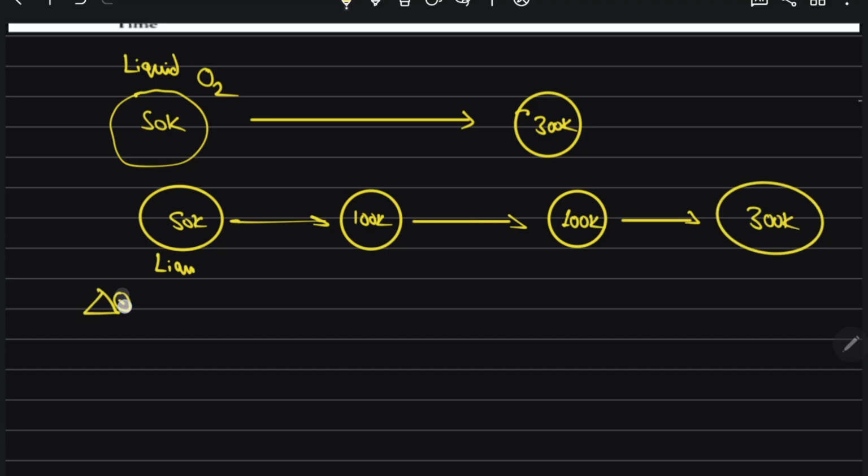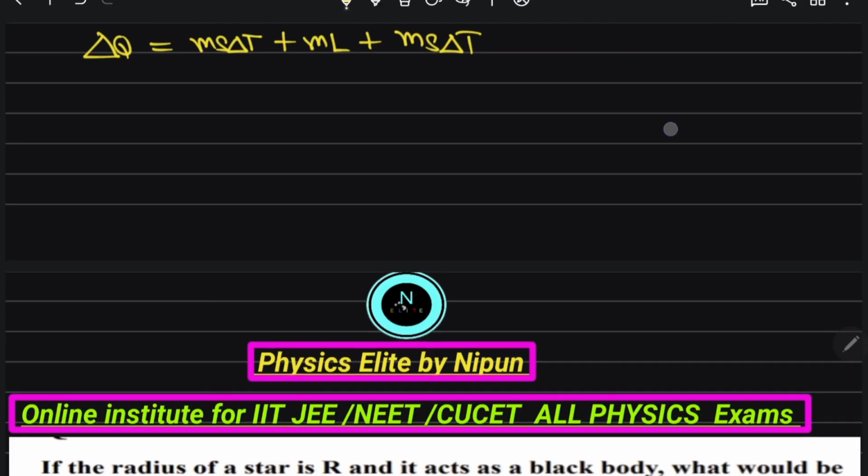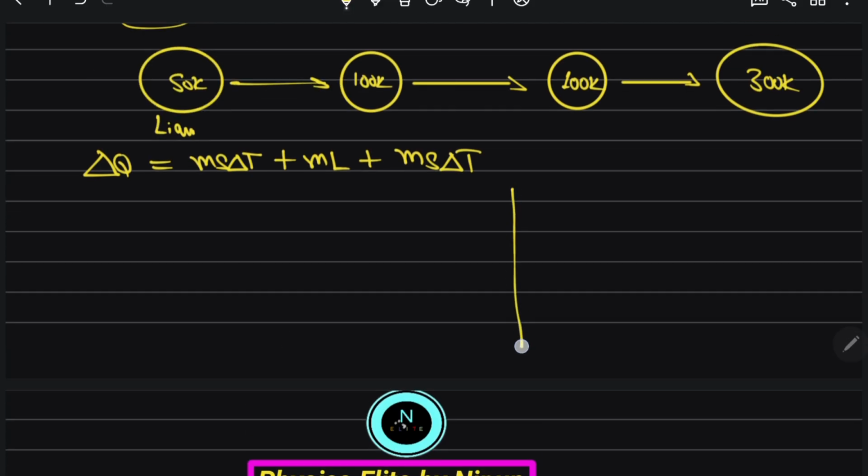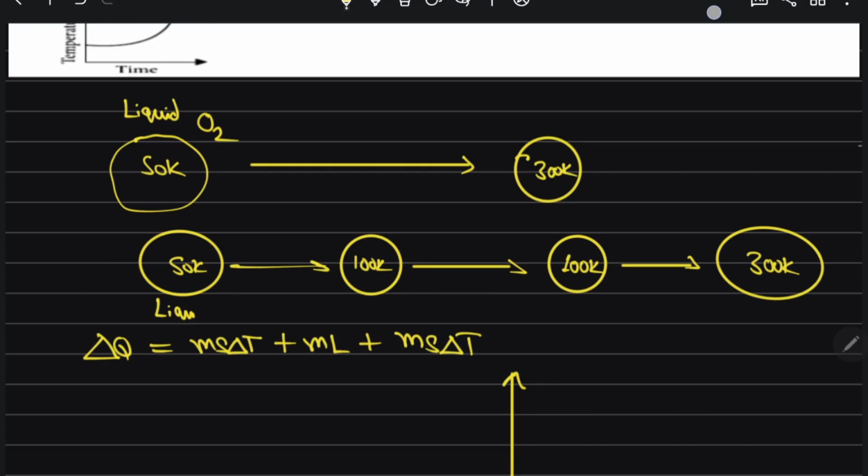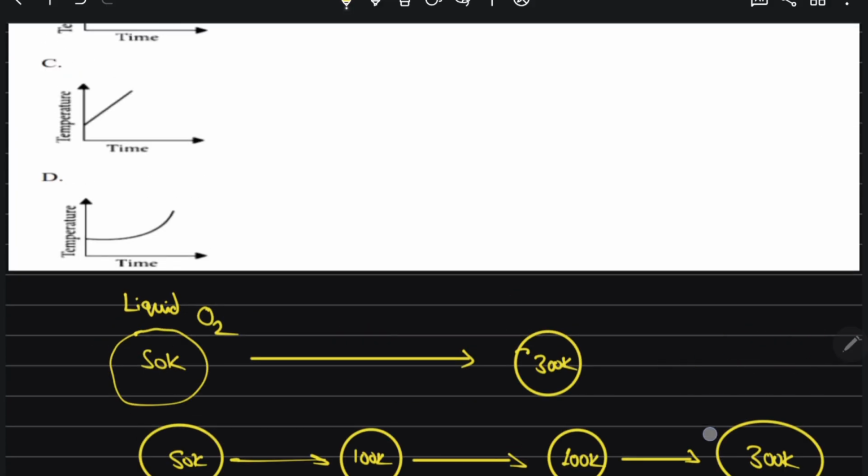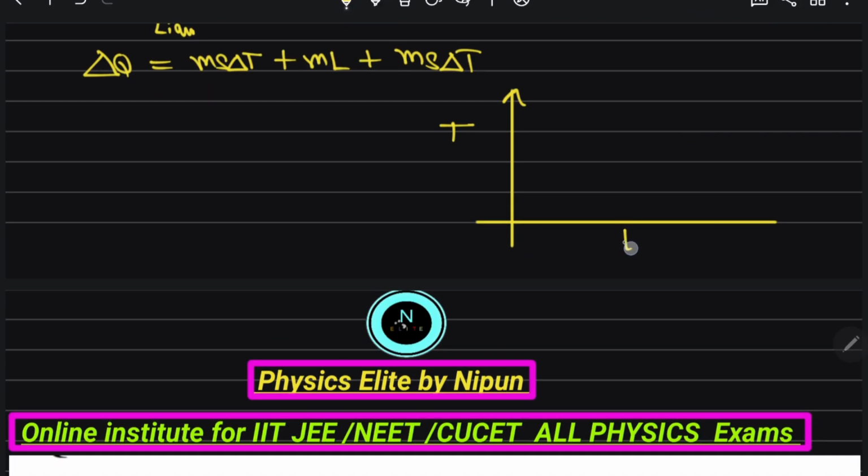So delta Q is equal to m s delta T plus m L plus m s delta T. So what is the graph forming like? The graph is temperature with respect to time.